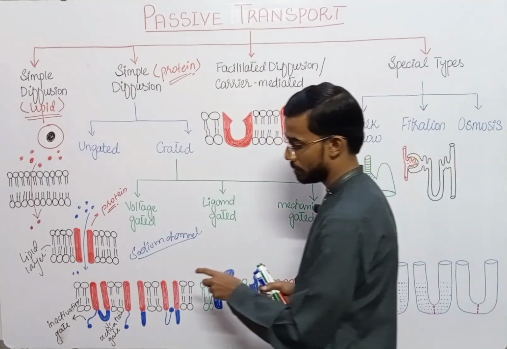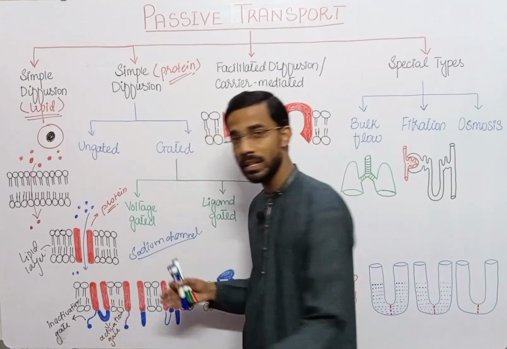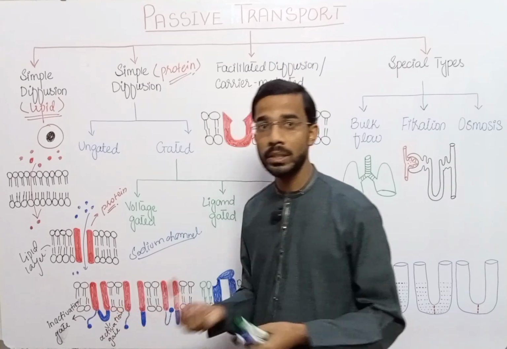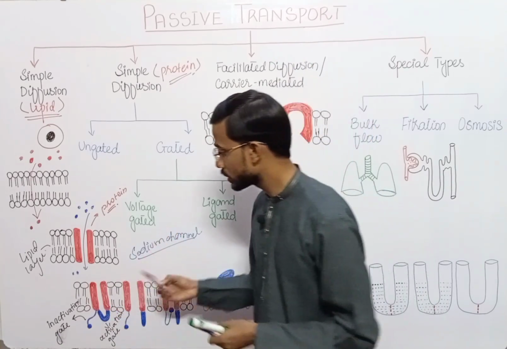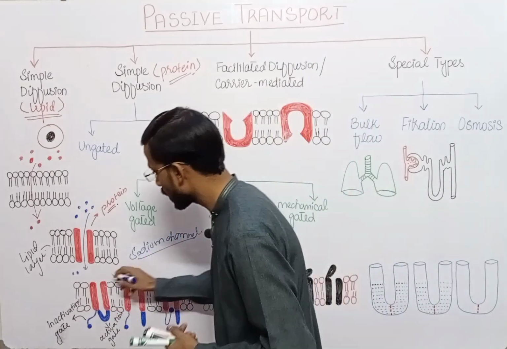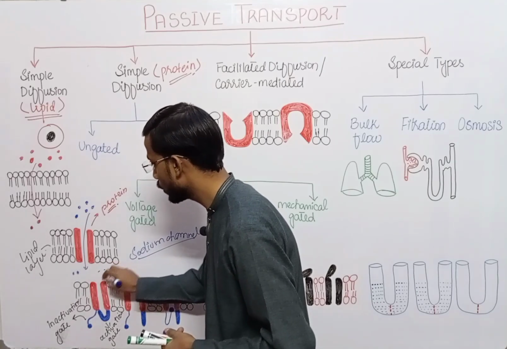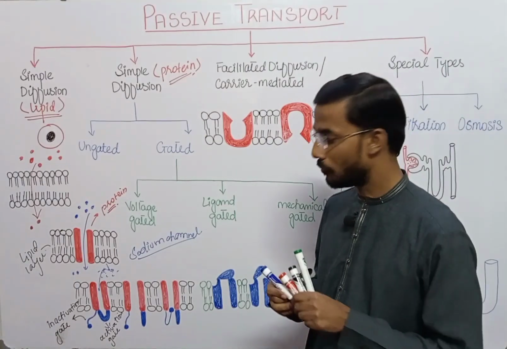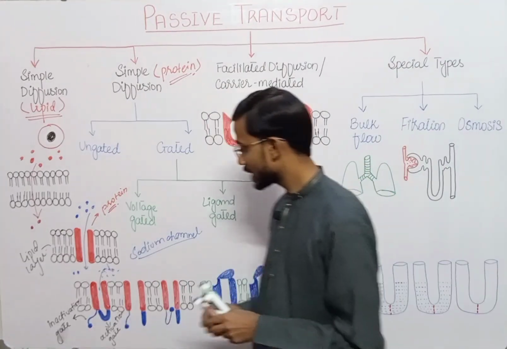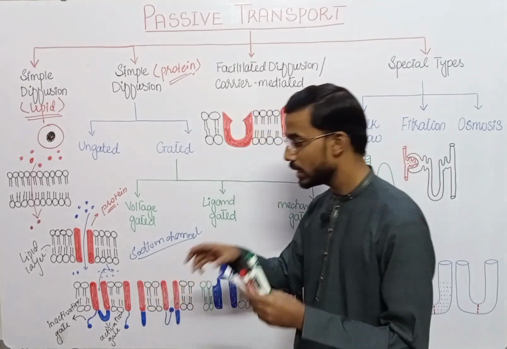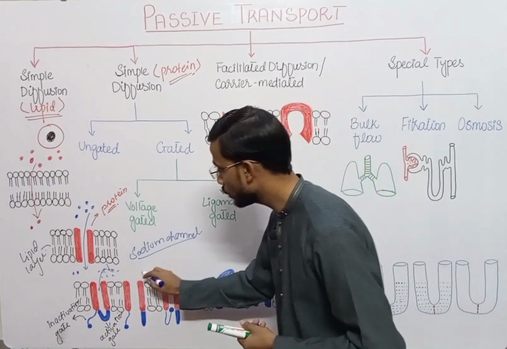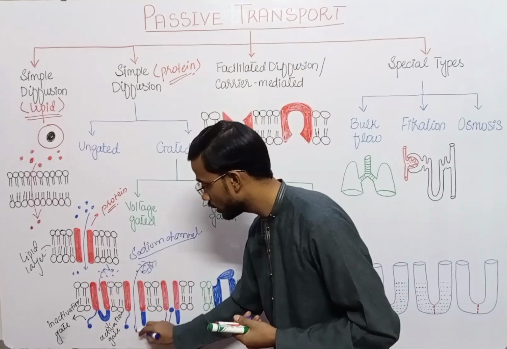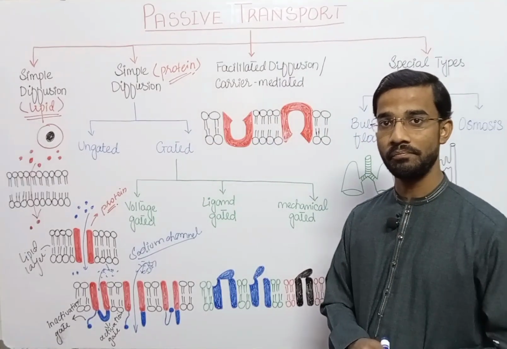So when the activation gate covers the channel, then it will block temporarily, and it closes, and the molecules which are present outside will not pass through this channel. This is the first form. Second one is if both the gates are open, then molecules which are present outside in higher concentration can easily move into the cell.